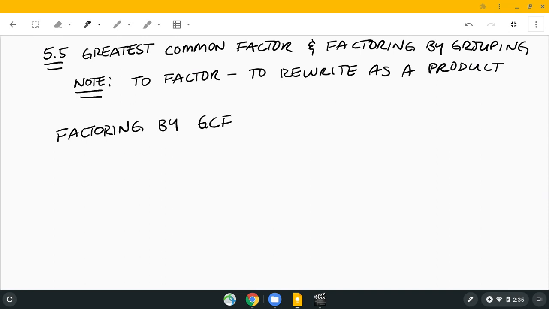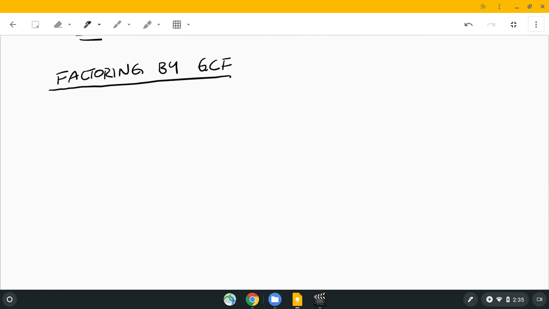Okay. And this is something, as we learn other methods for factoring, that you always want to check for. You always want to check to see if there's any common factors before you start any of the other kinds of factoring, because if you do have a greatest common factor, GCF, then when you do this kind of factoring, you are able to make the numbers smaller to work with. Okay?